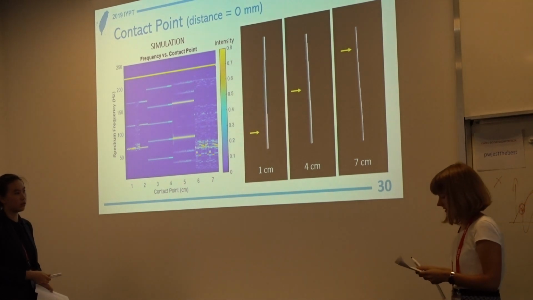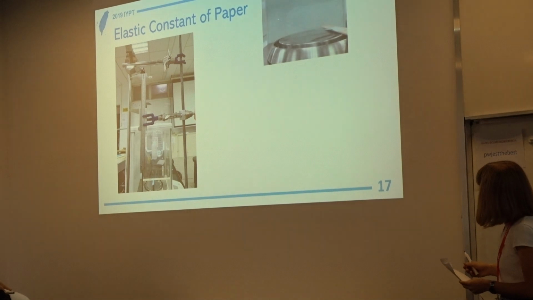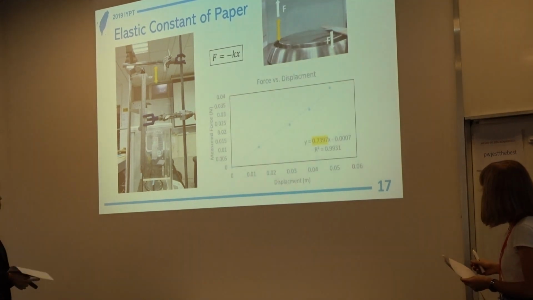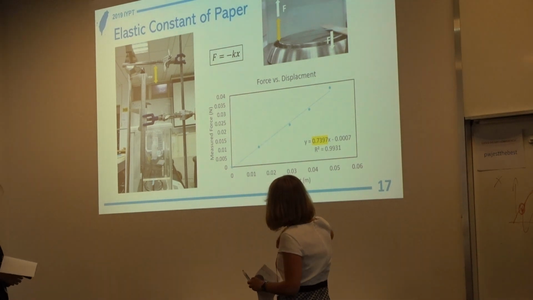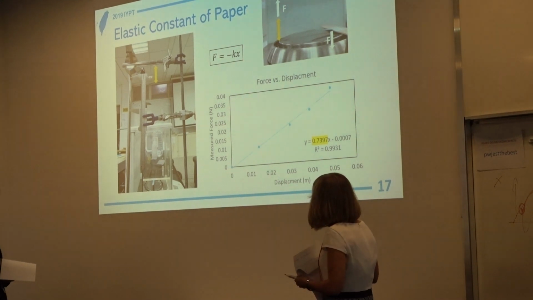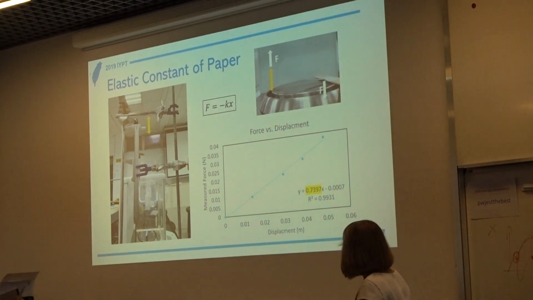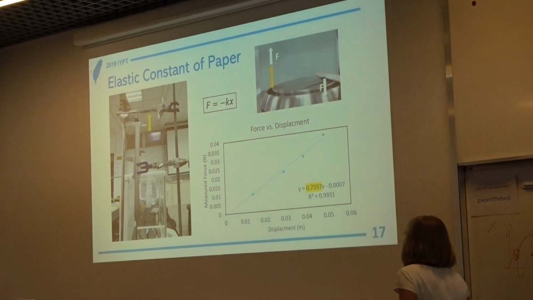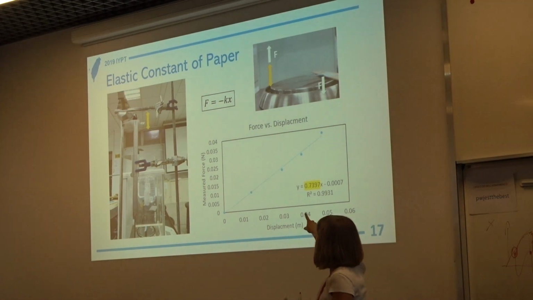But then on slide 17, you showed the deflection of the paper over the force, the deflection for the applied force. Here you have 4 data points. We have 5. When you have a large displacement, how would this graph behave?